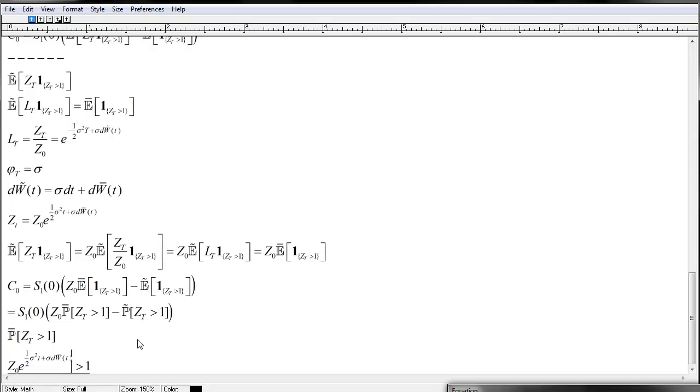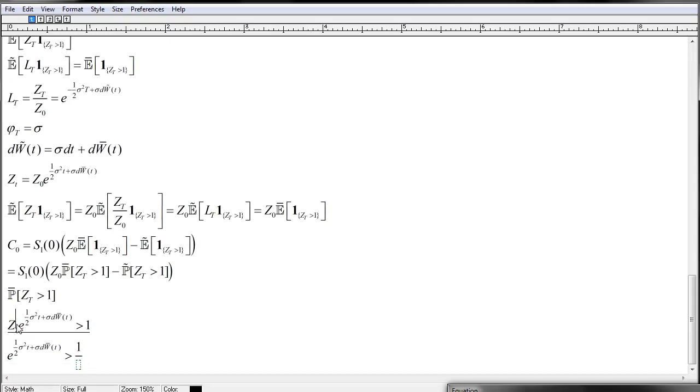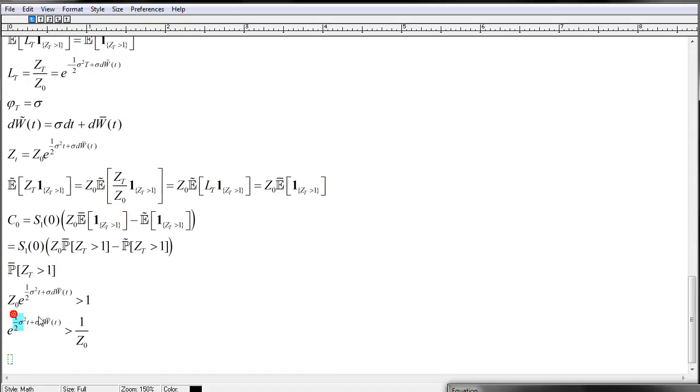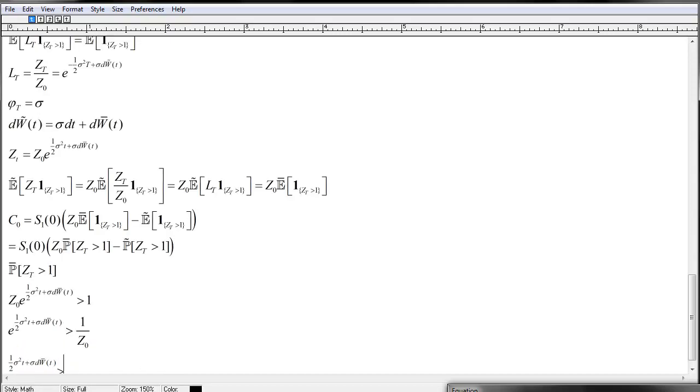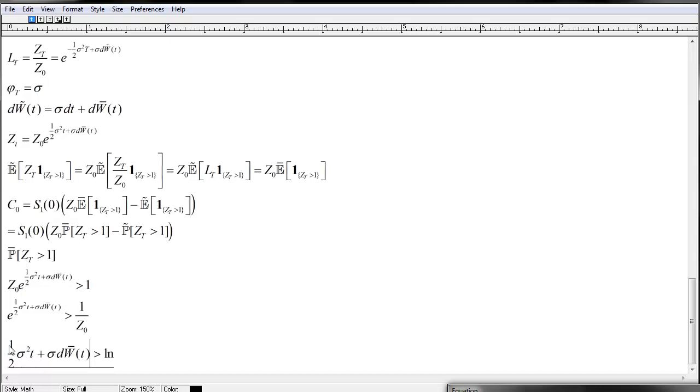Now I can divide by z0, so it's going to be 1 divided by z0, and take the logarithm.